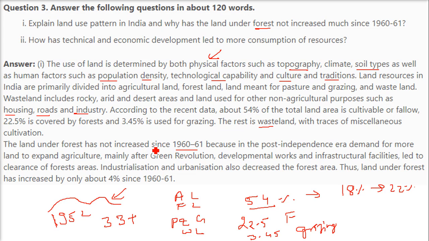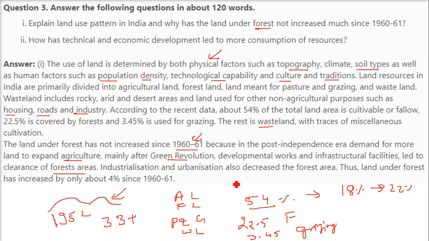The land under forest has not increased since then because in the post-independence era, demand for more land to expand agriculture, mainly after the Green Revolution, development works and the infrastructural facilities, led to clearance of a lot of forest areas.